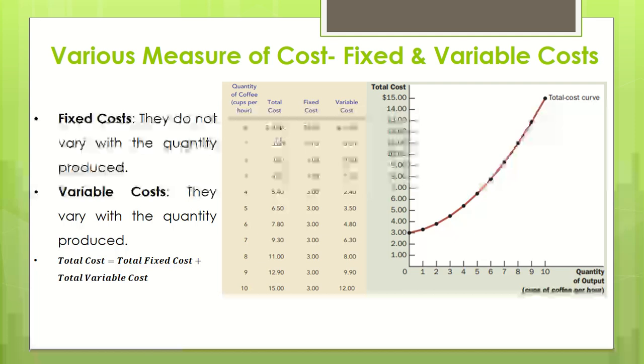If the quantity produced here is 0 initially, then the total cost is $3, as it is the sum of fixed cost, that is $3, plus variable cost, that is $0. So by adding both these costs, 3 plus 0 is equal to 3. So that is the total cost.